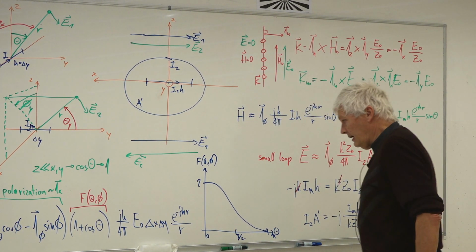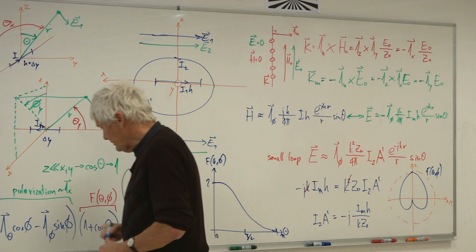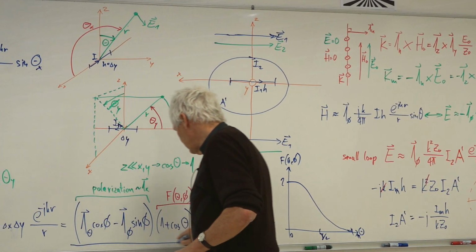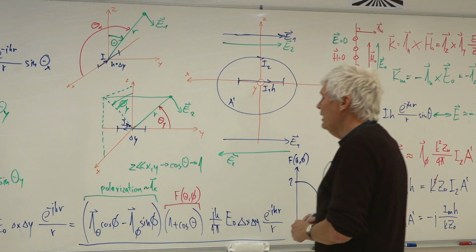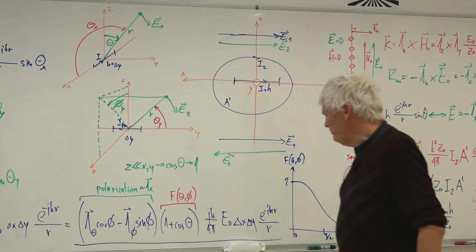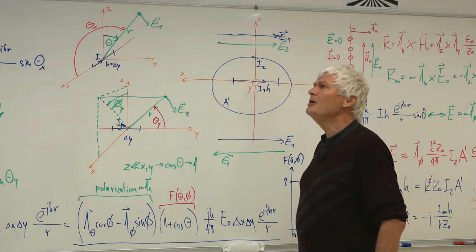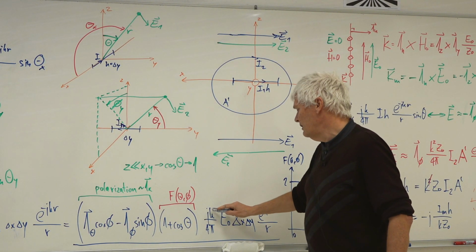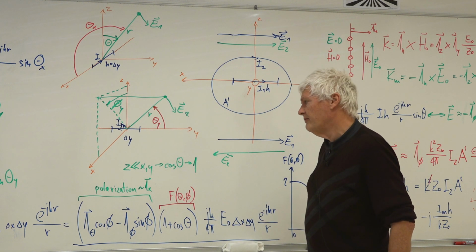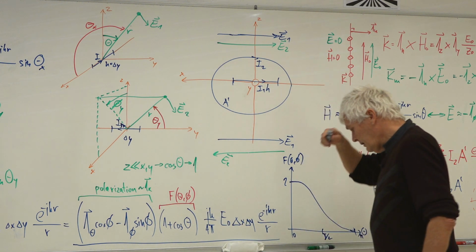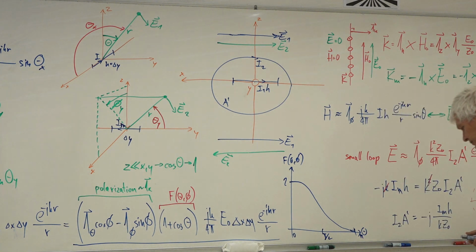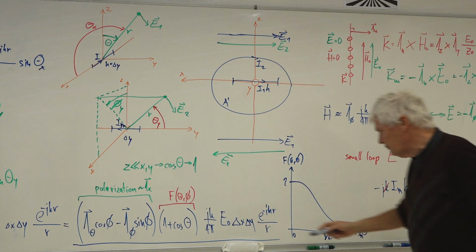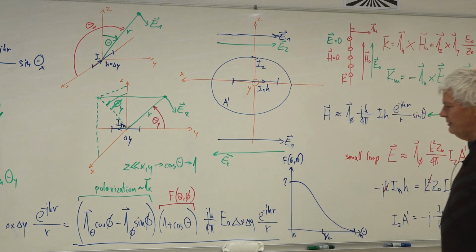Now we have our main result. Our main result is this thing here. This is usually simplified. We prefer to use the wavelength rather than the wave number.